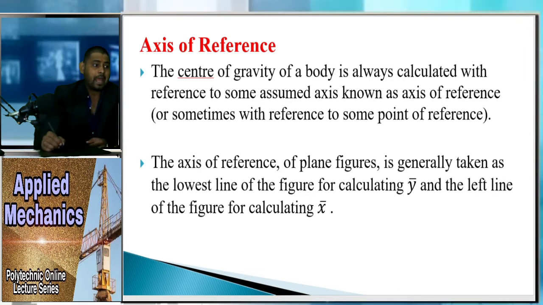After that, the axis of reference of plane figures is generally taken as the lowest line of the figure for calculating y bar and the left line of the figure for calculating x bar.